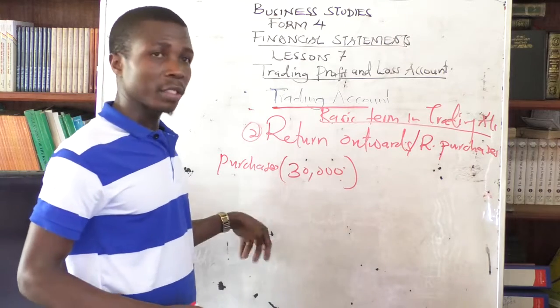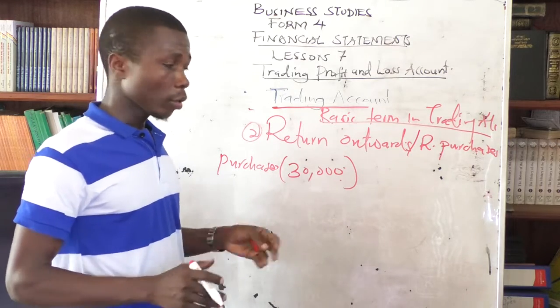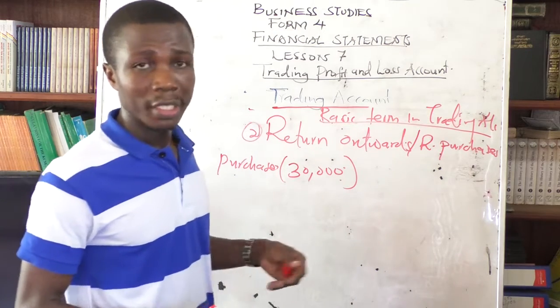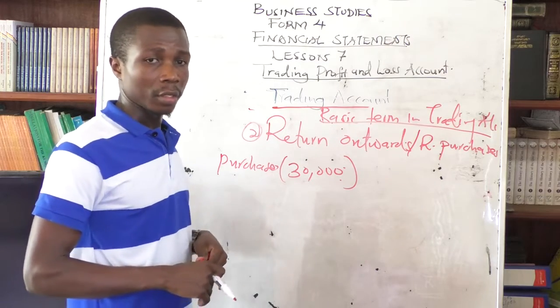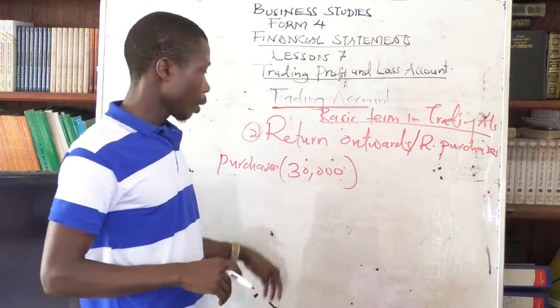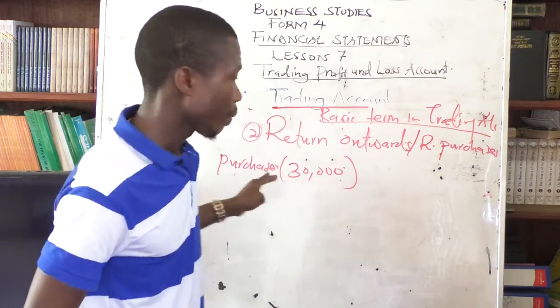You want to start a business. Then later, after buying those stocks, you realize that these stocks are not of good standard, maybe quality, maybe there is something wrong with them or any other thing. So you decided to return some. So that return will be subtracted from the total purchase.